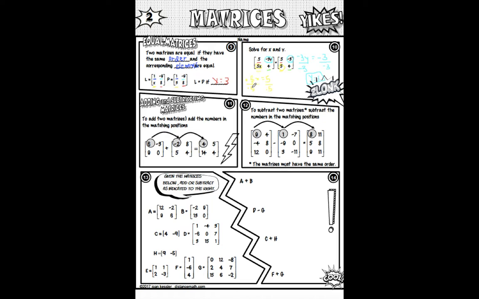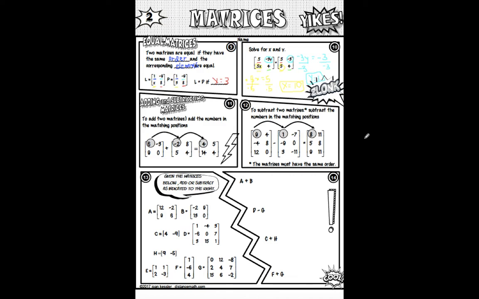That will cancel out. And x equals 10. 5 divided by 0.5 is 10. And then I'm done. So that is equal matrices.